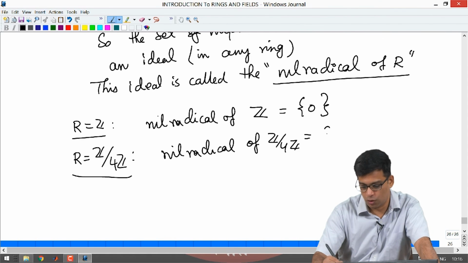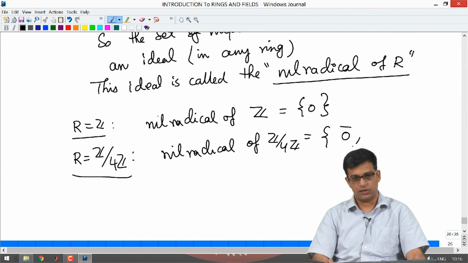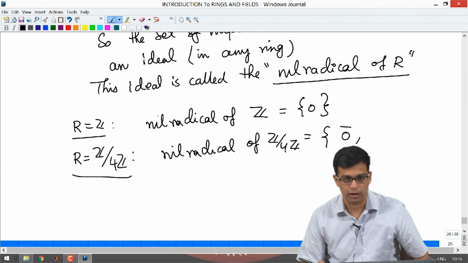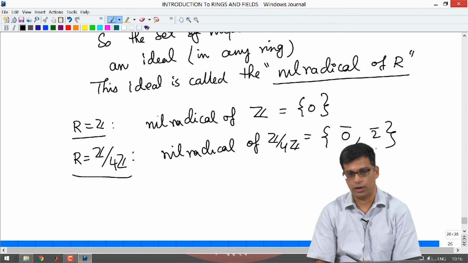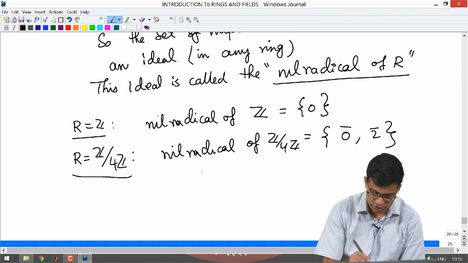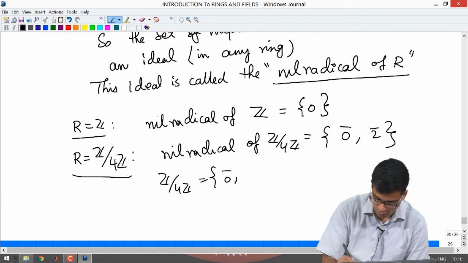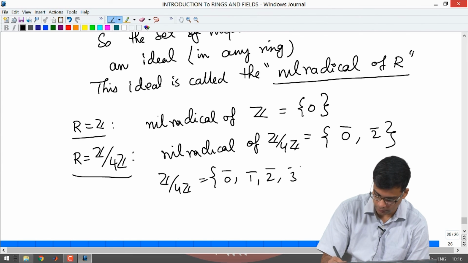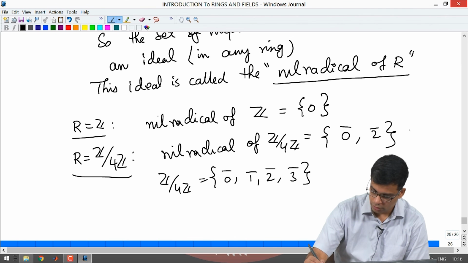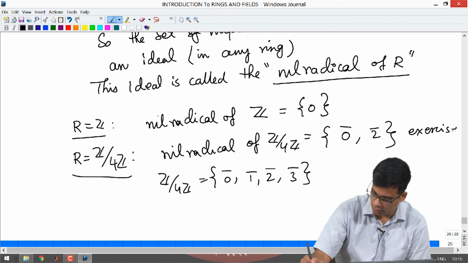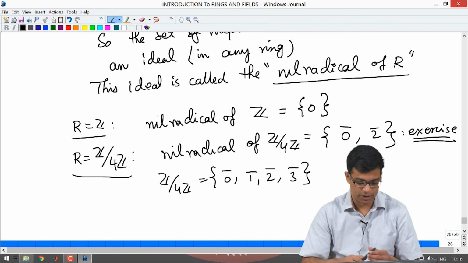We already saw that 0 is always in any ring, 0 is in the nil radical because it is nilpotent, but 2 bar is also a nilpotent element. So, Z mod 4 Z of course is 0 bar, 1 bar, 2 bar, 3 bar. 1 bar and 3 bar are not nilpotent, you can check that, and clearly 0 bar and 2 bar are nilpotent. So, this equality I will leave as an exercise.